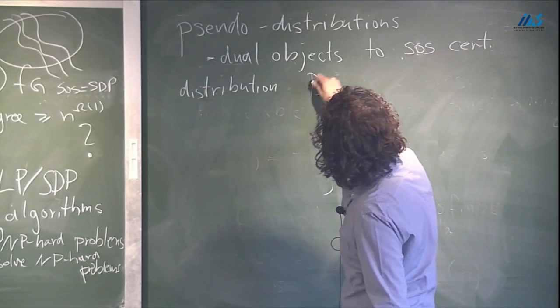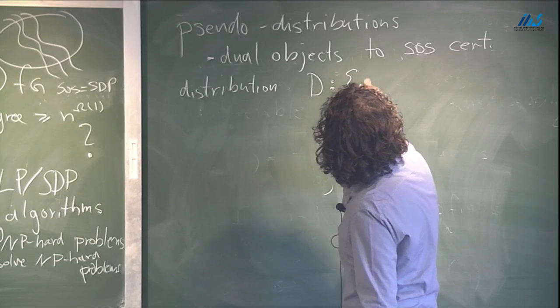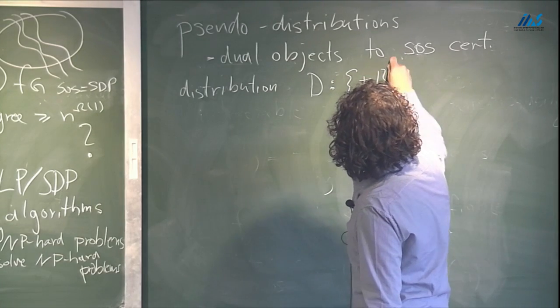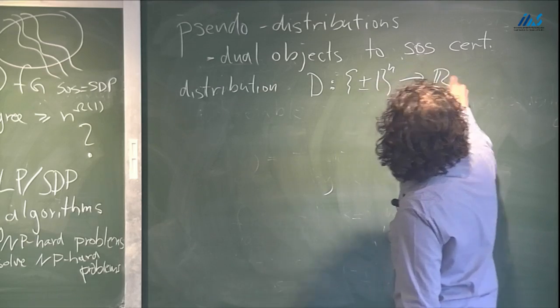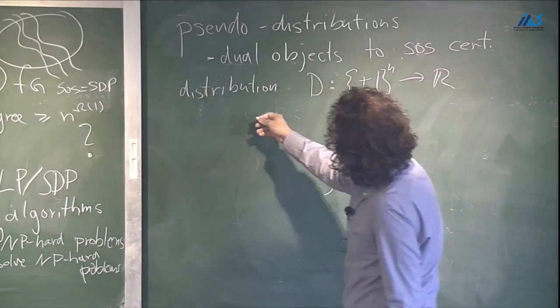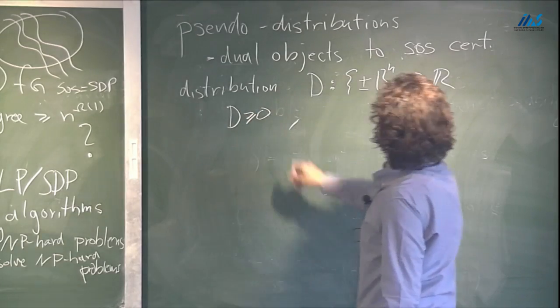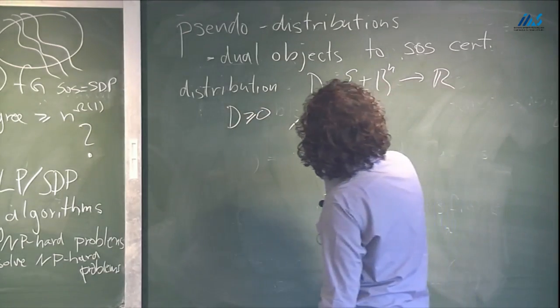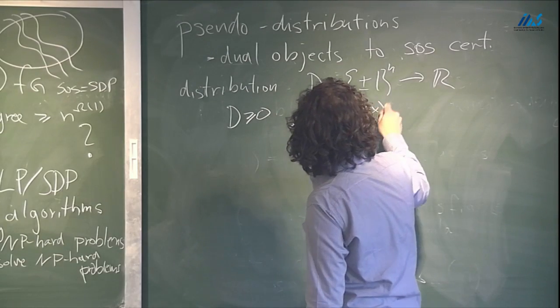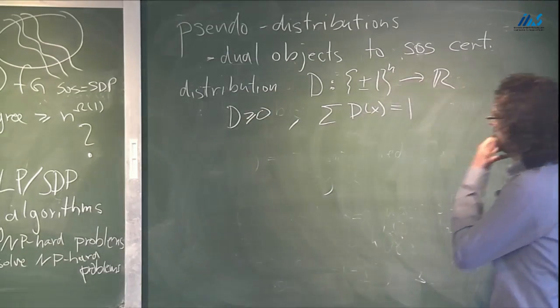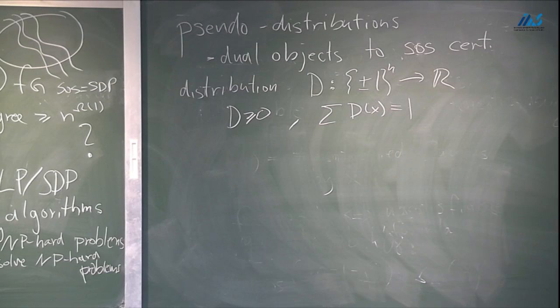I can represent such a distribution as a function on the hypercube that takes real values. And it has two properties. One is that it's always non-negative, and that the sum of the values is 1. So that's what it means to have a probability distribution over the hypercube.